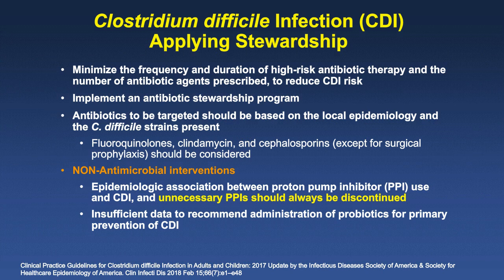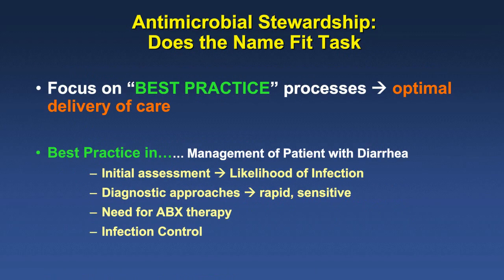It's for the reasons that we're talking about interventions across the spectrum, and it starts with the right patient profile. It starts with the right differential diagnosis. It involves both antibiotics and non-antibiotic interventions. I asked the question, is antimicrobial stewardship the right name for this process?